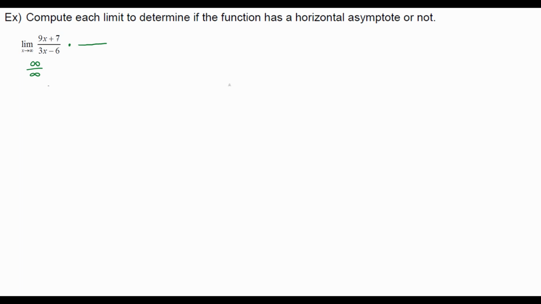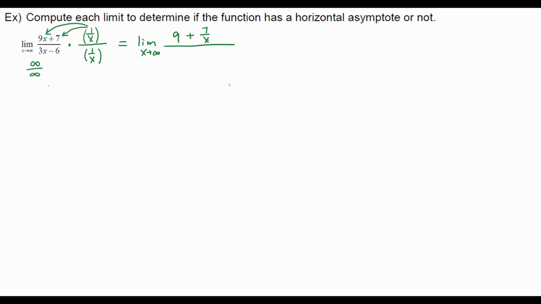What I mean by that is if I multiply by the quantity 1, that is 1 over x over 1 over x, and now when you distribute it, x will cancel and you're going to get just 9. And when you multiply 7 times 1 over x, you're going to get 7 over x.